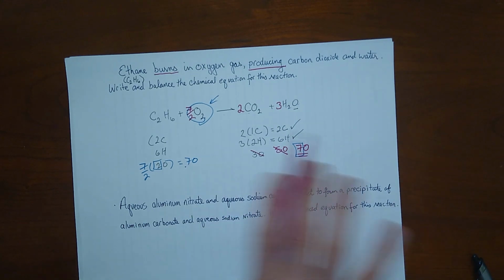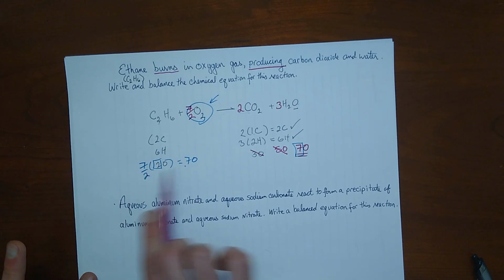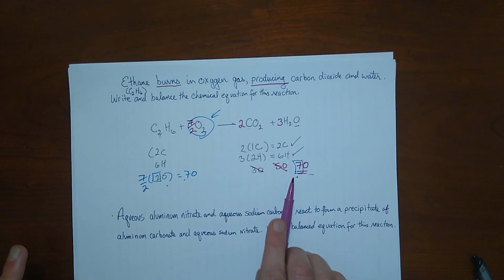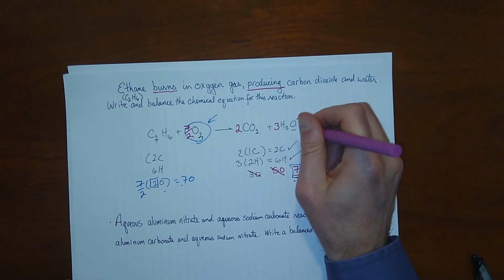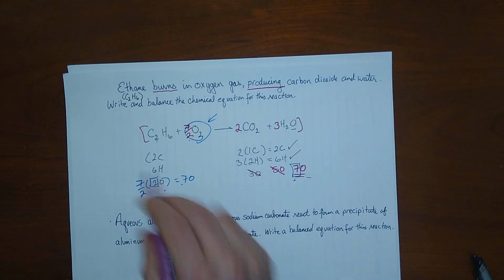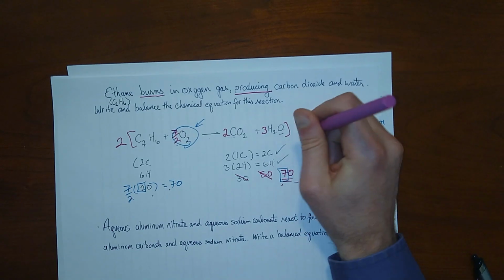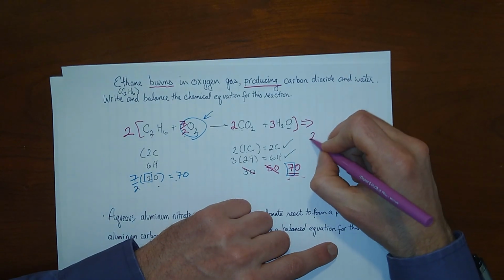Okay, and then theoretically everything should be balanced because I didn't change the number of carbons or hydrogens over here, just oxygen. That was the only thing that wasn't balanced at this point. But now I have this problem again of this is not a whole number. So I multiply everything by 2. And that should give me the following chemical equation, which should hopefully still be balanced.